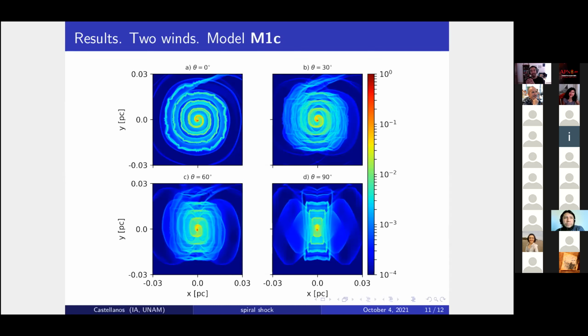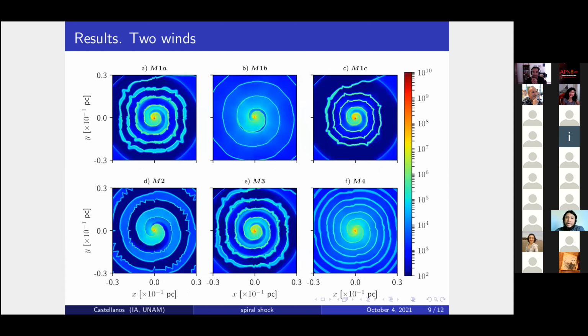What we see is that these ring-like structures are messy, and we think it's because of the actual evolution of the central stars, the fast wind stars, and photoionization instabilities. But this seems to suggest that originally the spiral is already unstable. I like this work very much, what you just presented. Yeah, but with a certain error, you can fit an Archimedean spiral for all these models with two winds.